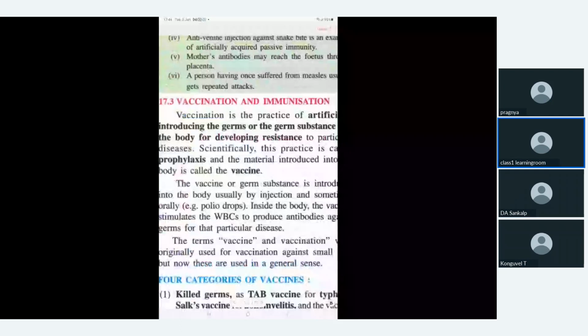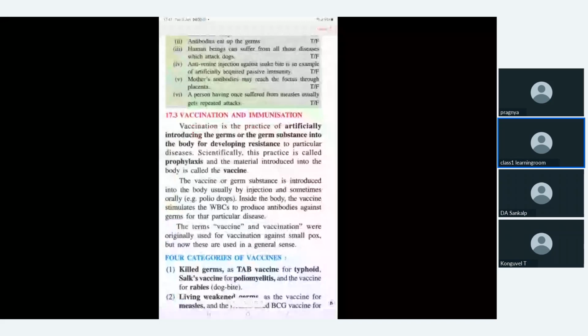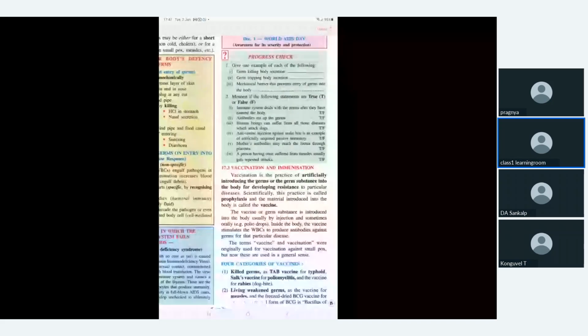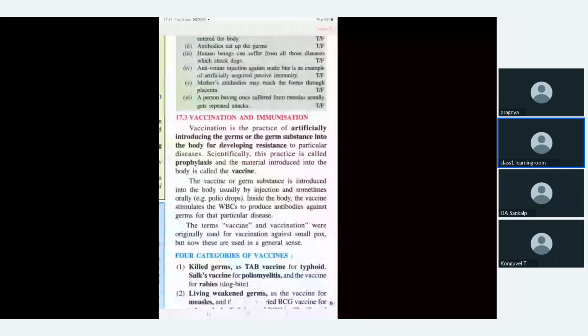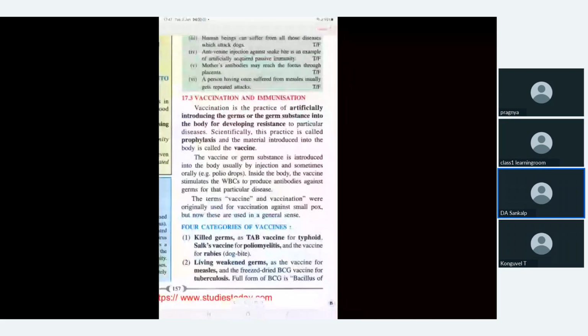There are different vaccines as we saw. Look at that: polio drops, polio vaccine, rabies vaccine, vaccines against smallpox. There are different types of vaccines. How are vaccines classified? Very, very important question.